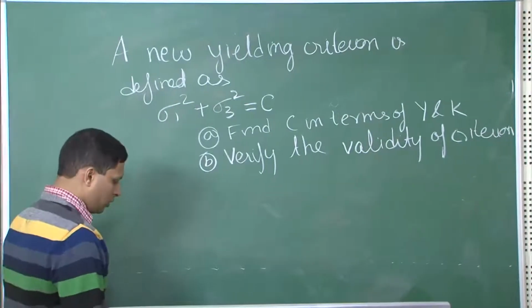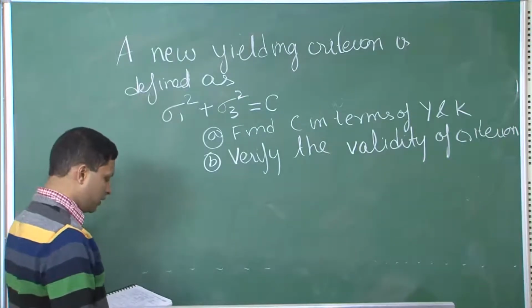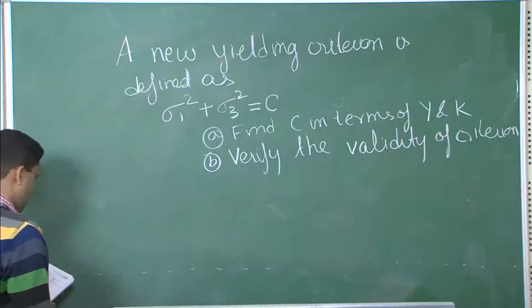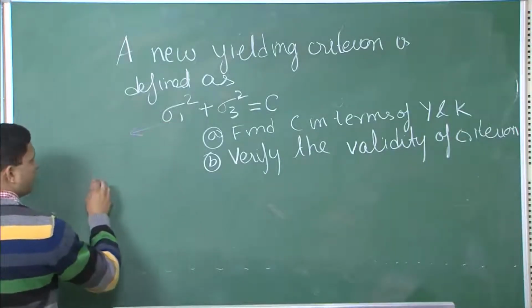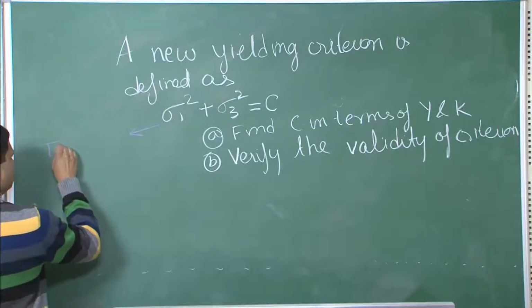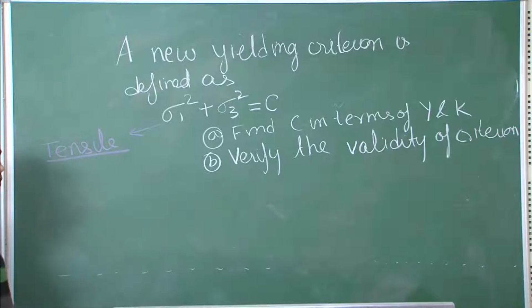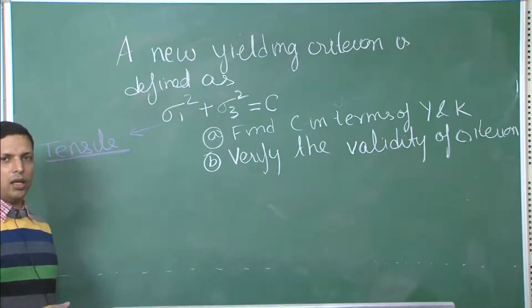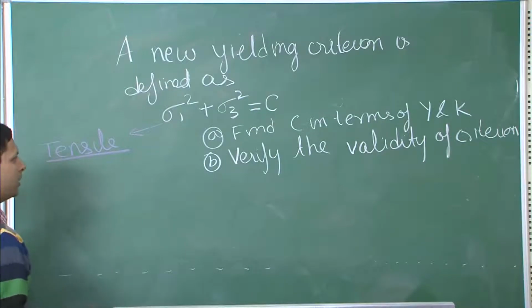So, this is again, like I said earlier, not very difficult and it is a straightforward question. If you want to find C in terms of y, you have to assume a tensile test on the material, and you know the yield strength of the material as y.